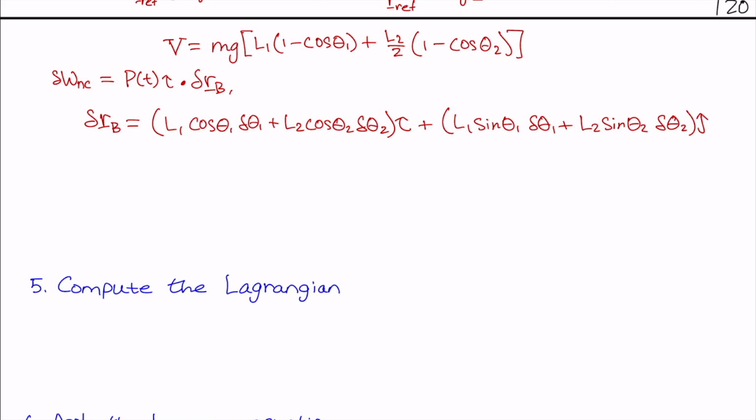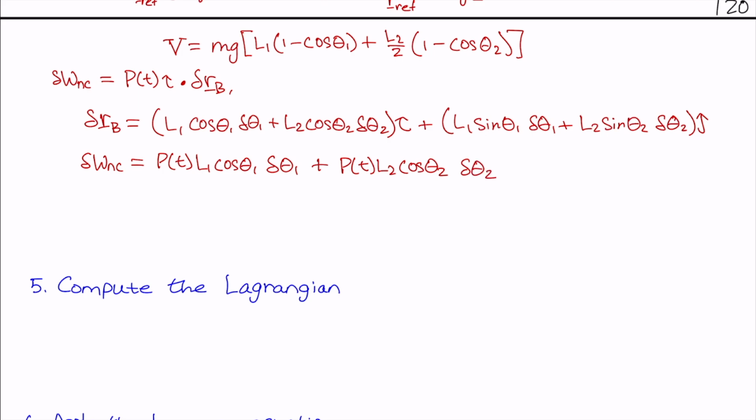We go and compute the dot product of delta r_B with P of t. We will end up losing the j term, and we'll get that the virtual work done by P of t is equal to P of t times L1 cosine theta 1 times delta theta 1 plus P of t L2 cosine theta 2 times delta theta 2.